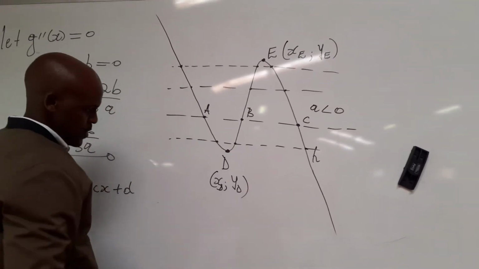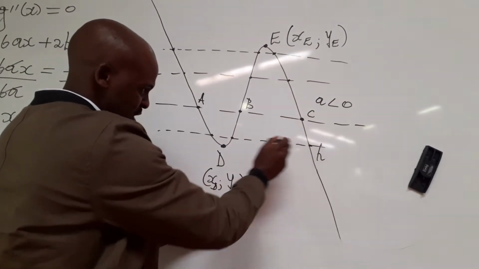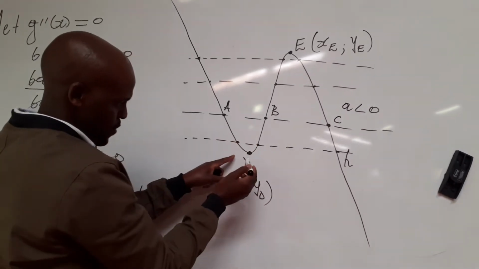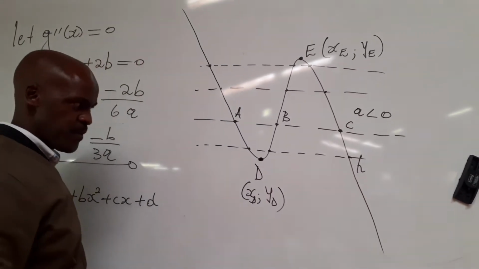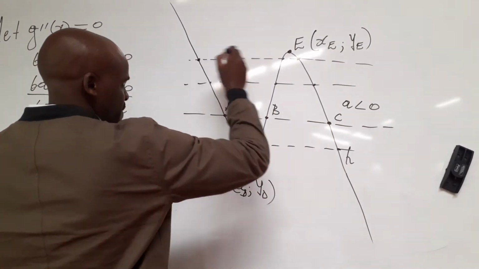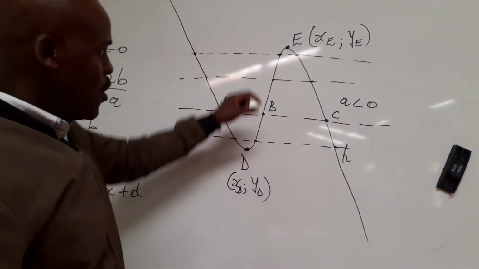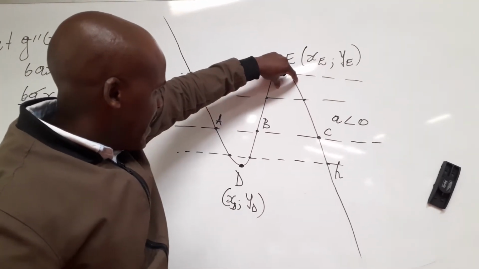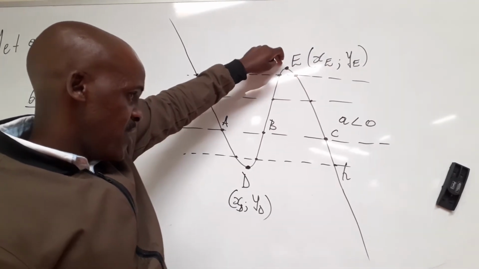Here, the horizontal line cuts this graph 3 times if the value of y is above the value of y at point D. And again, we are going to have 3 roots, 3 values of x below point E. So we are going to have 3 values of x where y at E is below that value there.